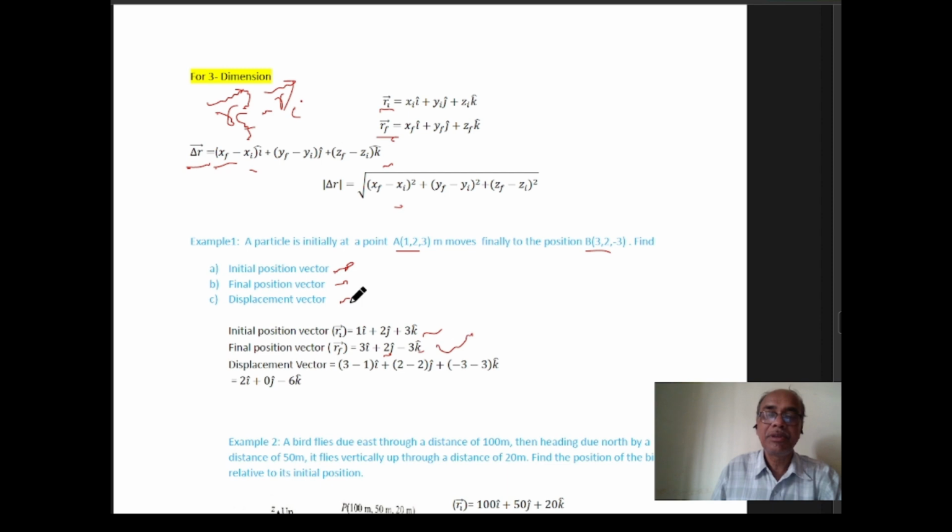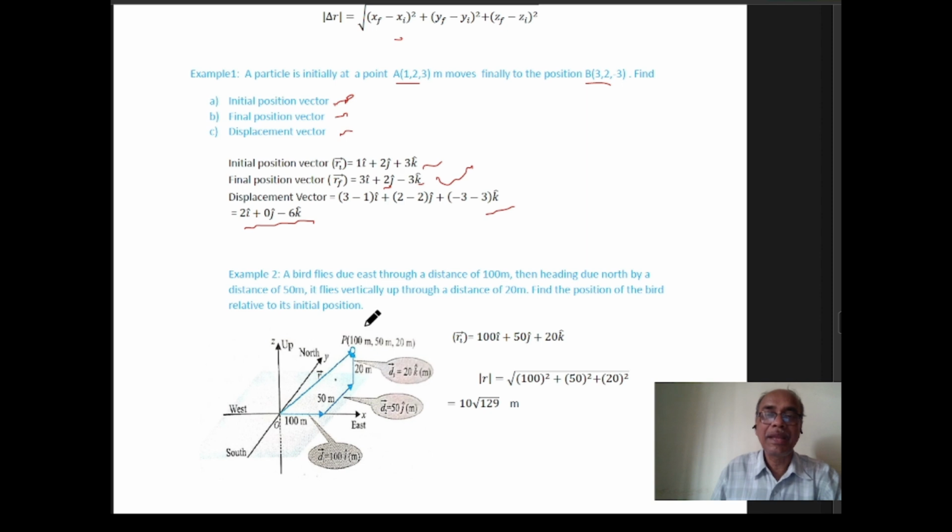Now what is the displacement, and the formula? This is the formula, so this is the displacement vector. Take the difference between these: (3 minus 1) i cap, (2 minus 2) j cap, and (minus 3 minus 3) k cap. So this is the final.